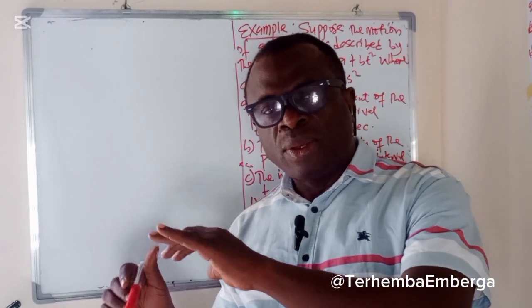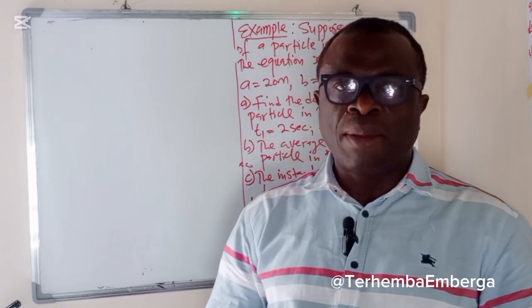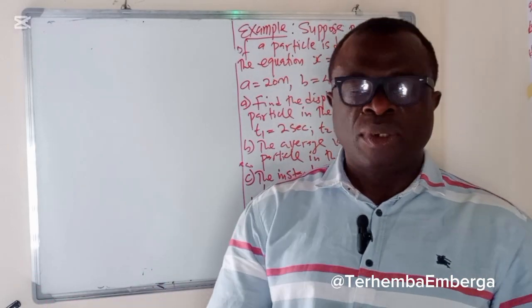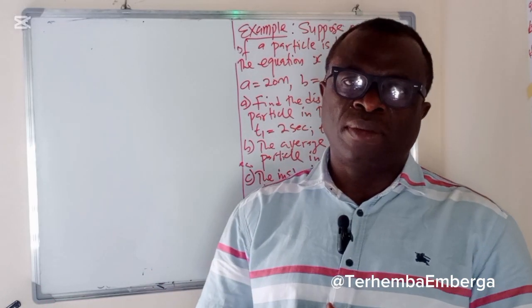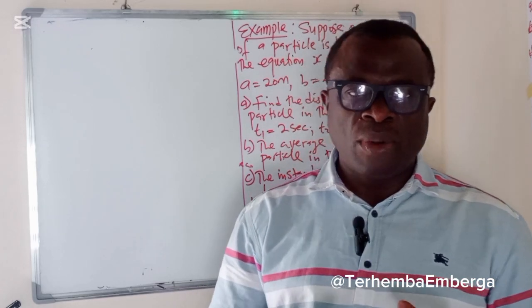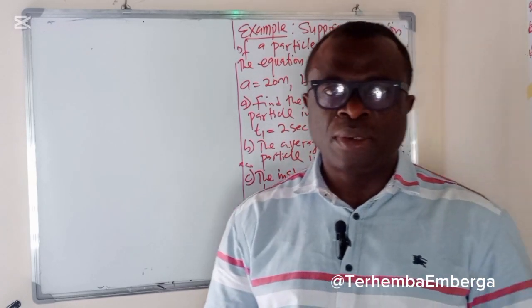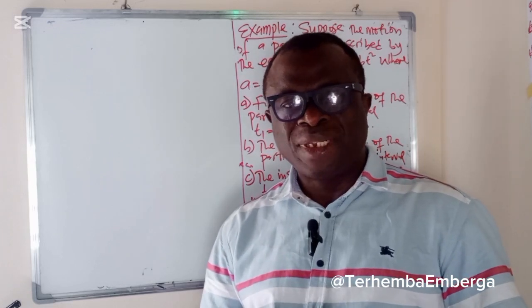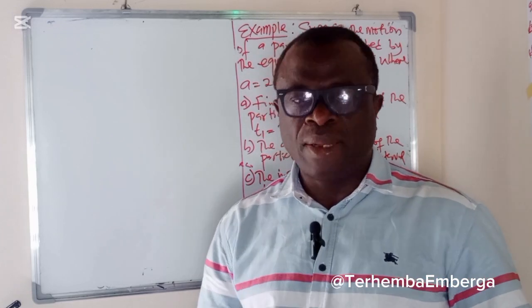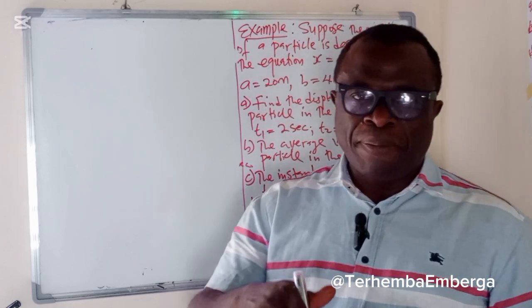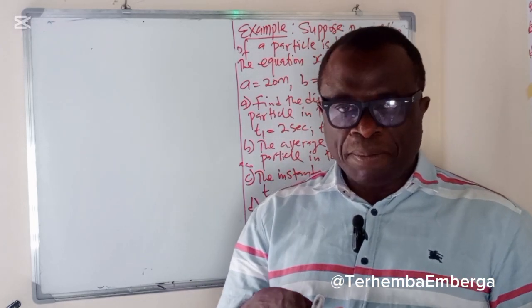When you are talking about average velocity, you are talking about the total distance covered with reference to that time. The same way, instantaneous acceleration is the rate of change of velocity at that particular time, at that particular instant.